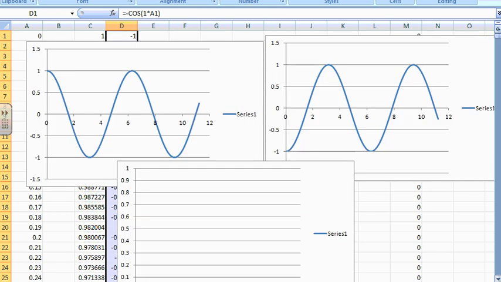Then at every instant, when you add these 2 waves together, when time is equal to 0, 1 plus -1, you get 0. A little less than 2 seconds, 0 plus 0, you get 0. And so you get zeros all the way across.